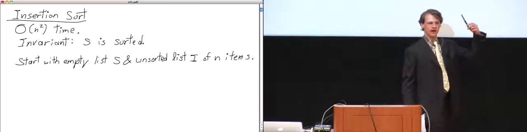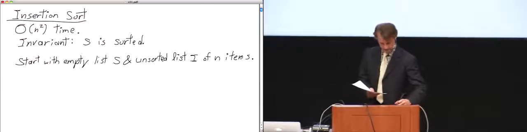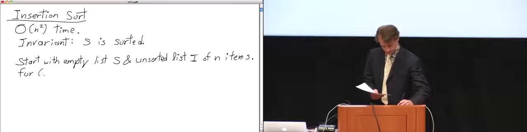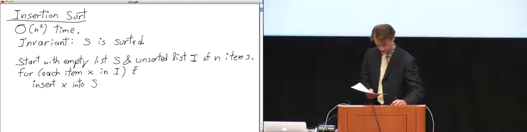We're going to take all those items out of I one by one and put them into S, keeping S sorted. So, for each item X in the input list, we will insert X into the list S, keeping it in sorted order.